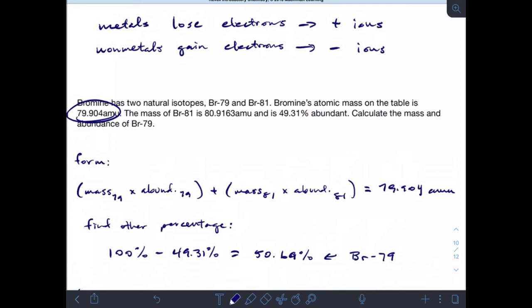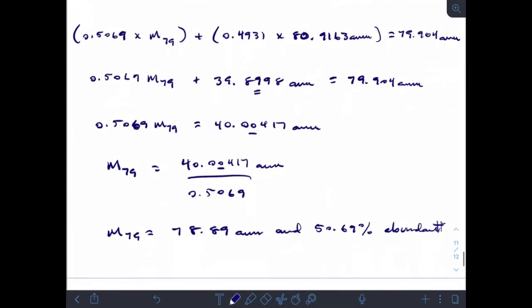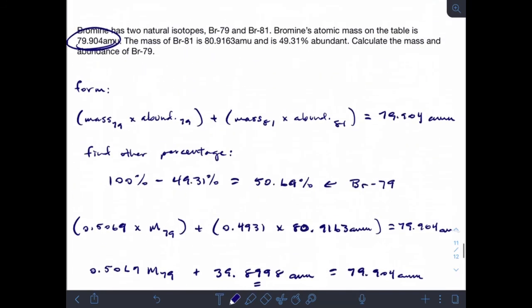This is a way to check your work on this type of problem. So our mass of bromine 81 is 80.9. It's very close to 79.9. And the number we've calculated for the other isotope is 78.9, also very close to 79.9.